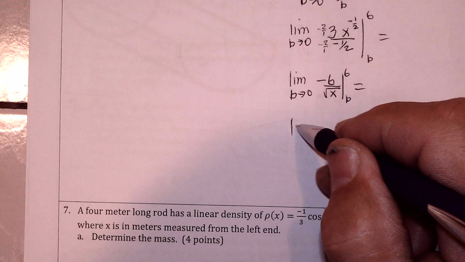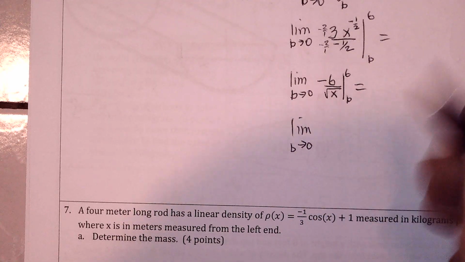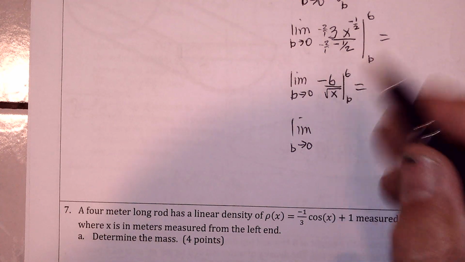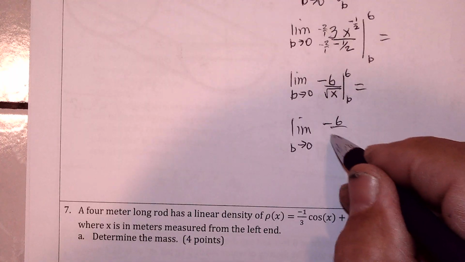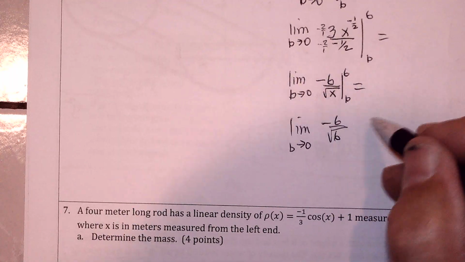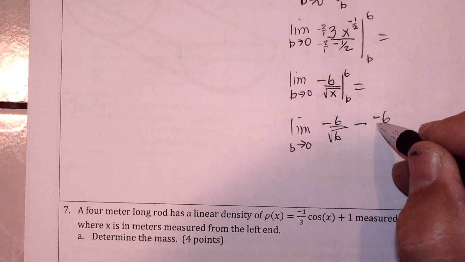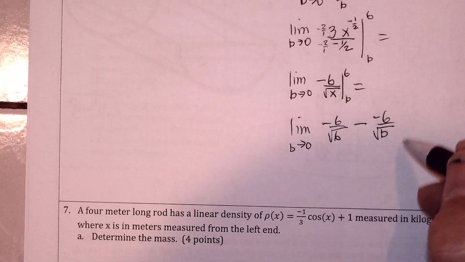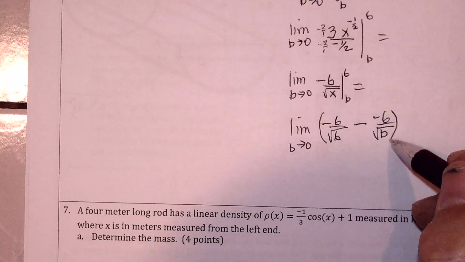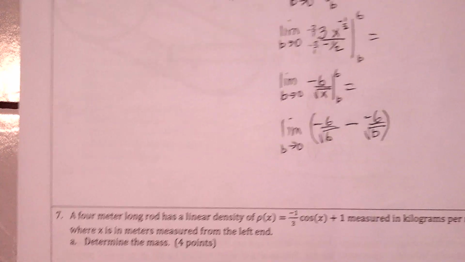Which is the limit as b approaches 0 of putting 6 in here. We get negative 6 over the square root of 6 minus a negative 6 over the square root of b, and I need to see all the way to there, and then do your limit.